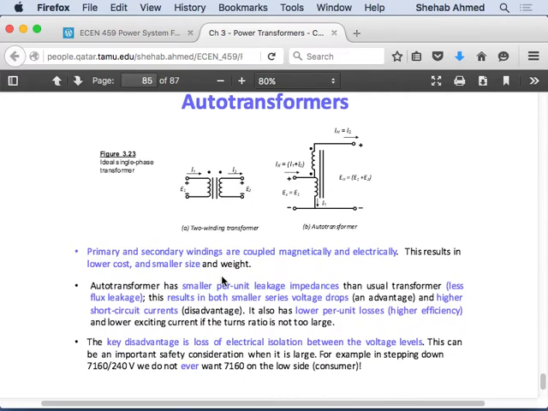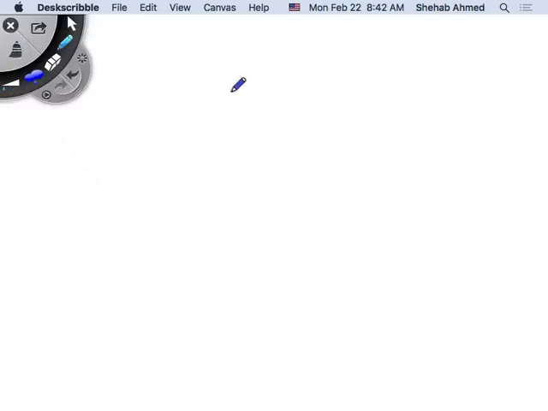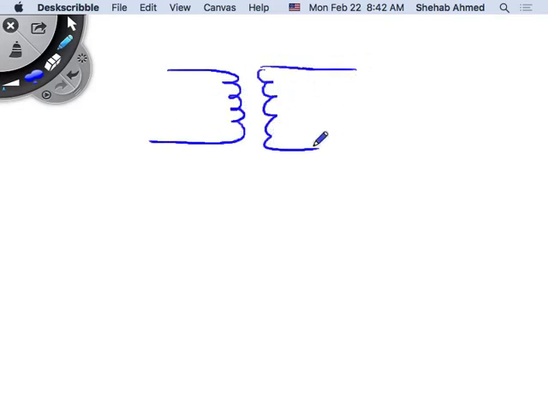So another example of what we studied on transformers is the autotransformer. If you have this transformer model, current coming in, current coming out. This is E1 or V1.